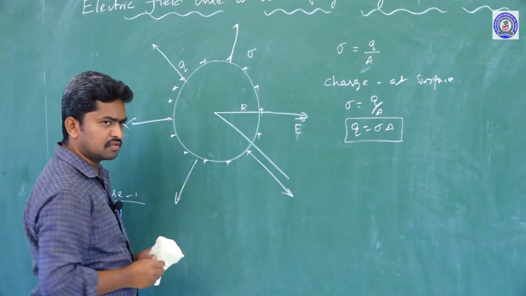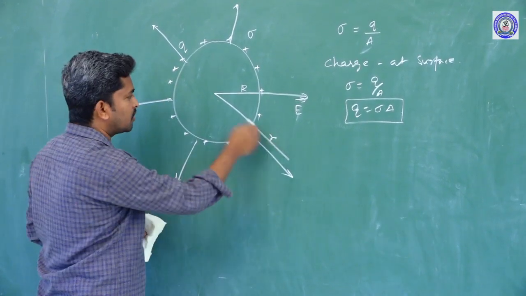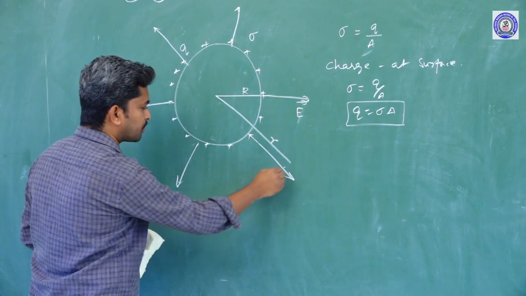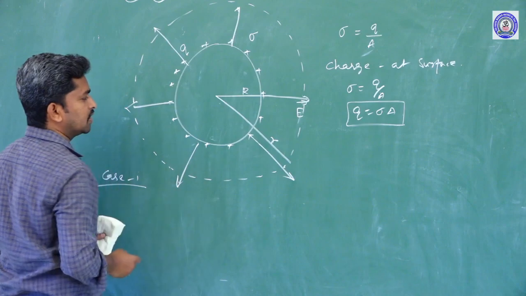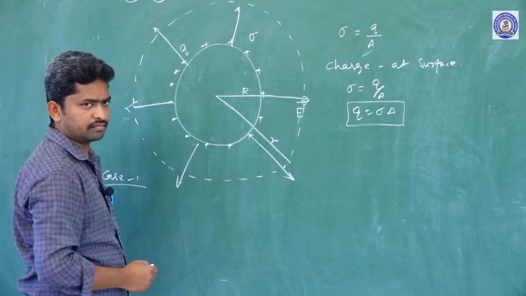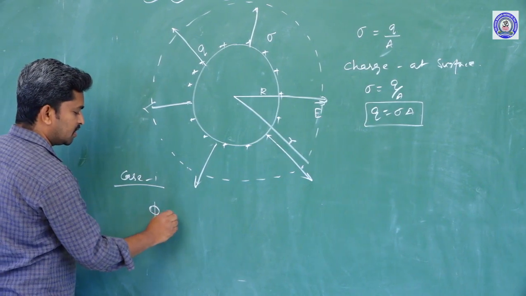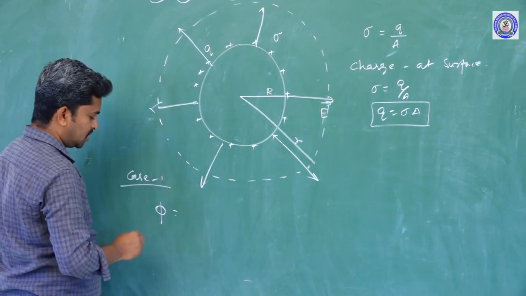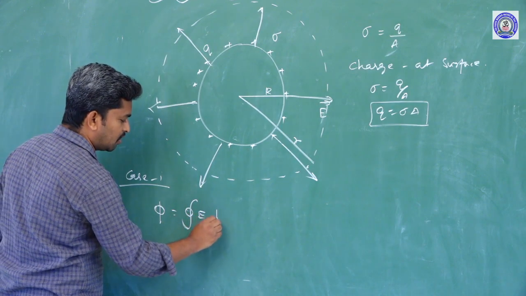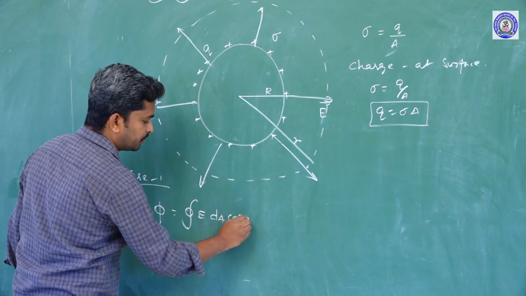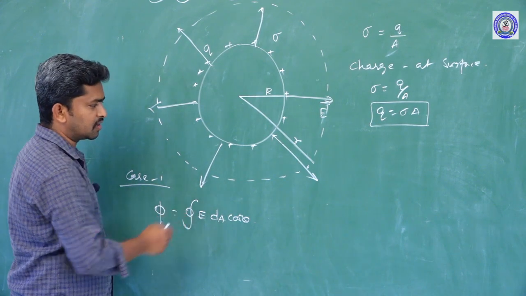Consider a Gaussian surface at a distance r from the center of the sphere. This is the Gaussian surface; its radius is r. You know well the electric flux due to the positive charge. Net electric flux is equal to the closed surface integral of E dA cos theta, where theta is the angle between the area vector and the electric field.